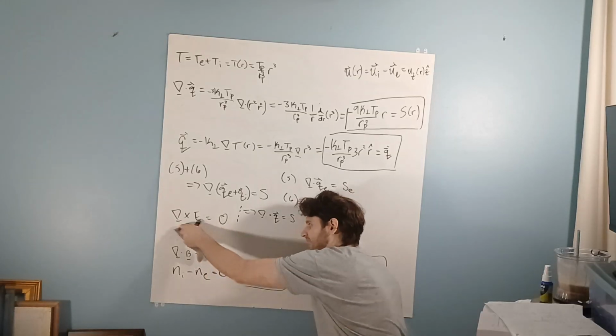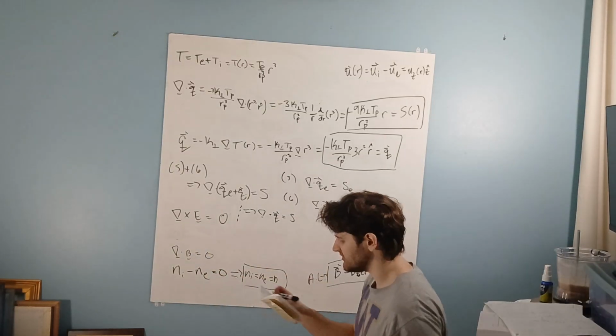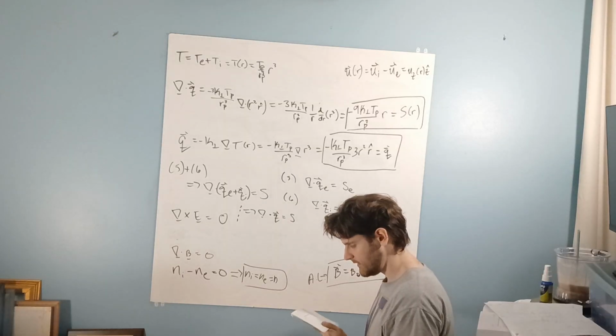And now, the last thing we need to check is whether the divergence of B is zero, okay?